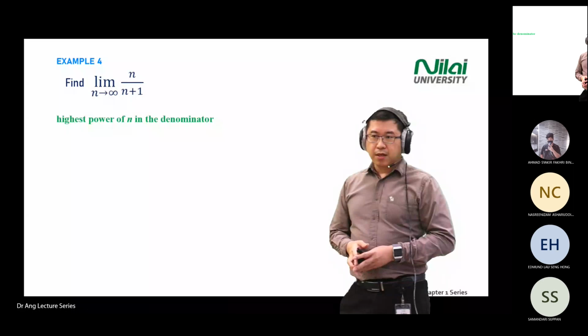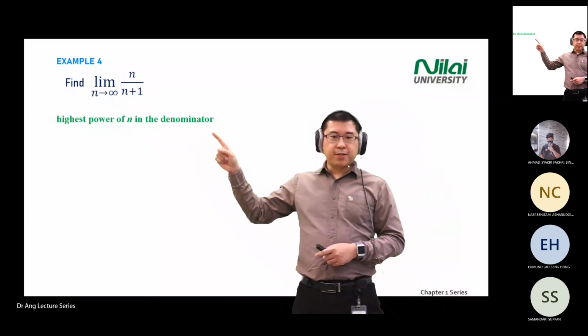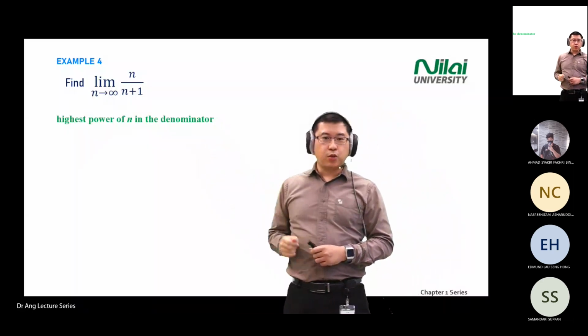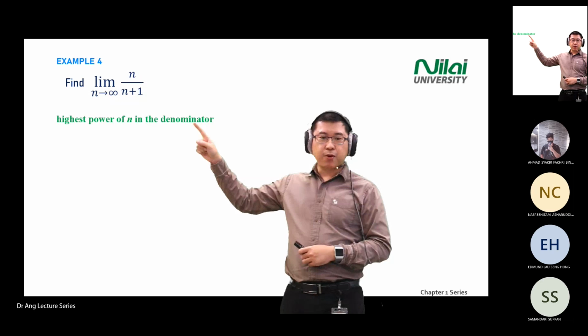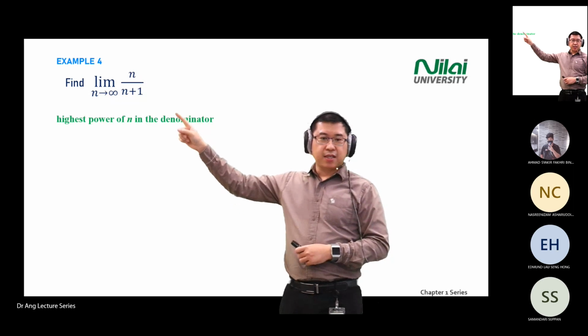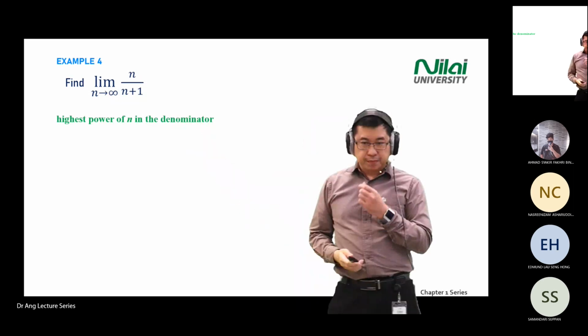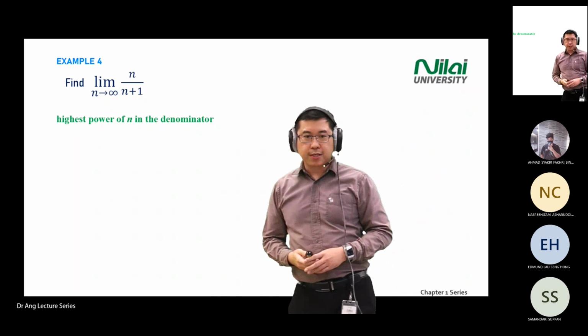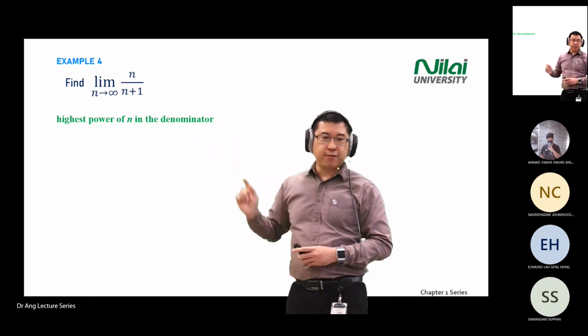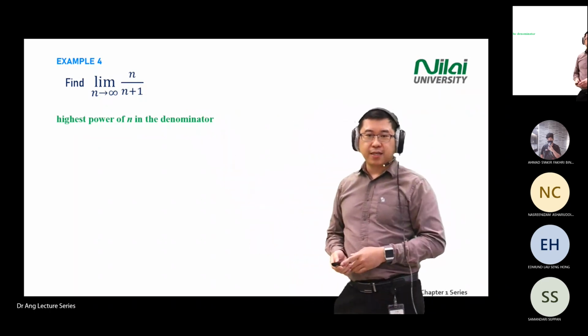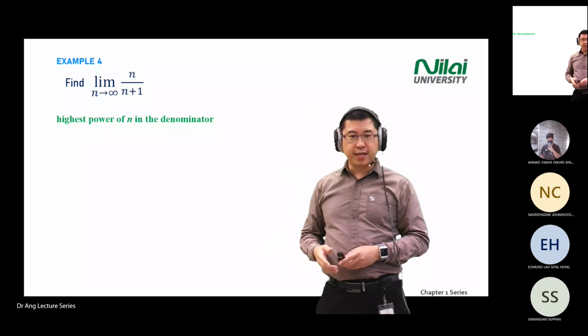The first step to answer this kind of question is you look for the highest power of n in the denominator. If you look at the question itself, in your denominator, the highest power of n is what?